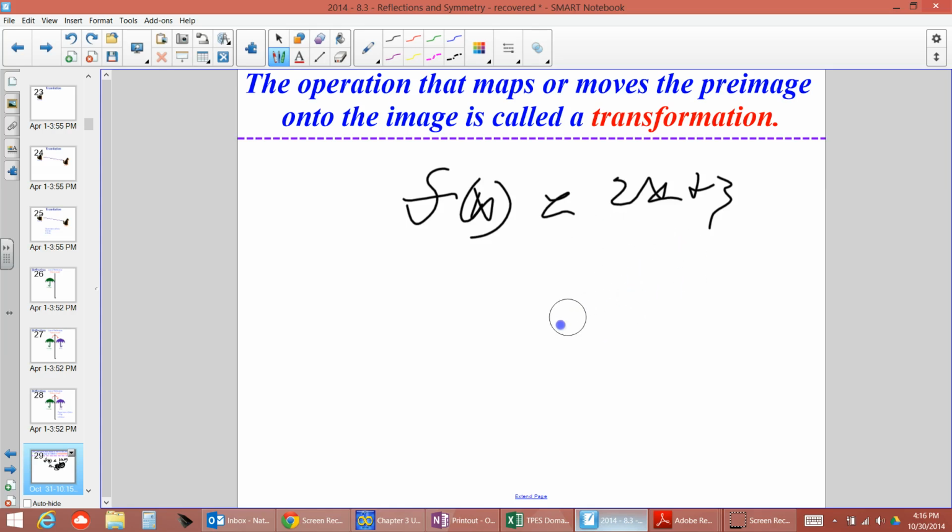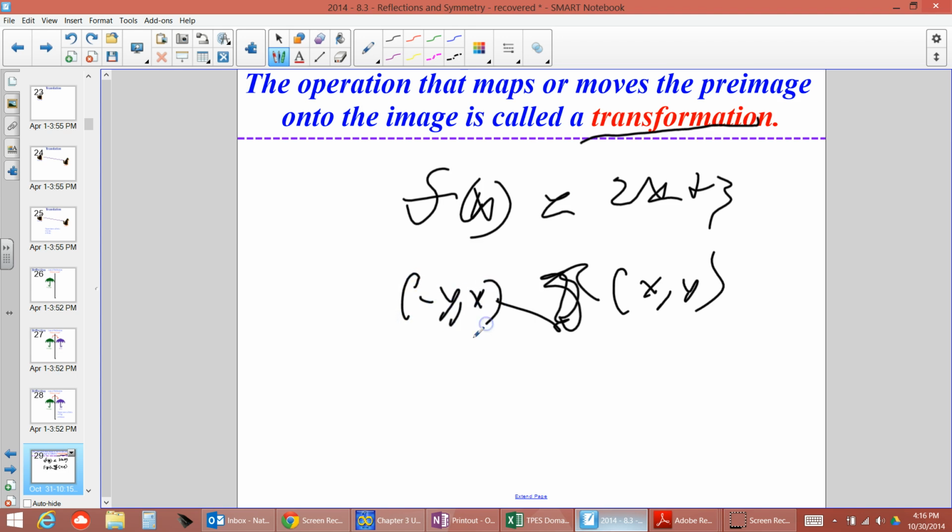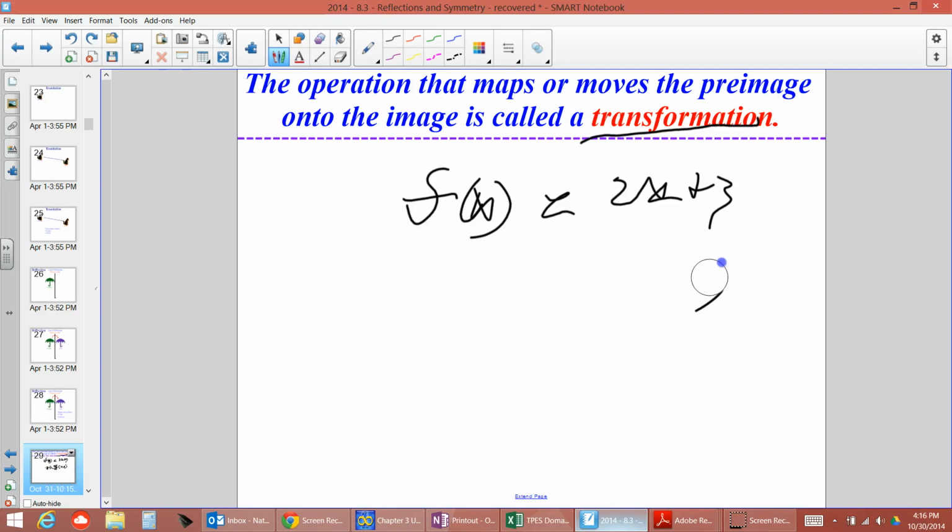So these transformations that we're talking about here take a point, x, y, and they mangle and mash it up and spit out some new point. Maybe it's going to be negative y, x. Who knows? The point is that it's just like a function. It's an operation. It takes some point, x, y, and manipulates it to be something new.